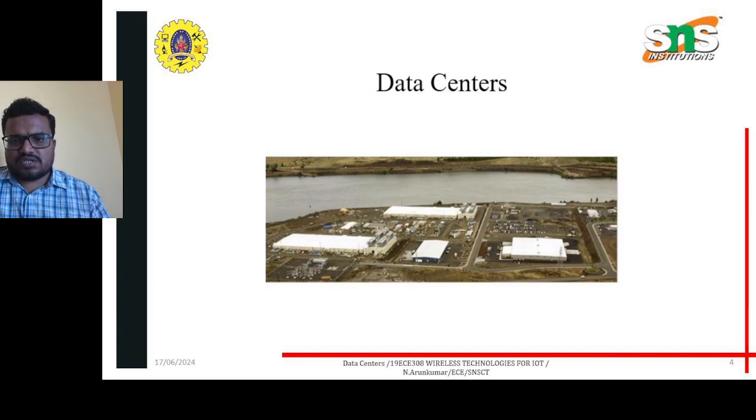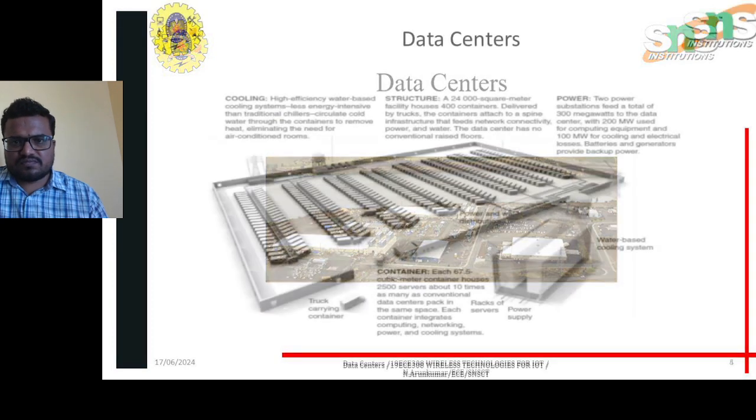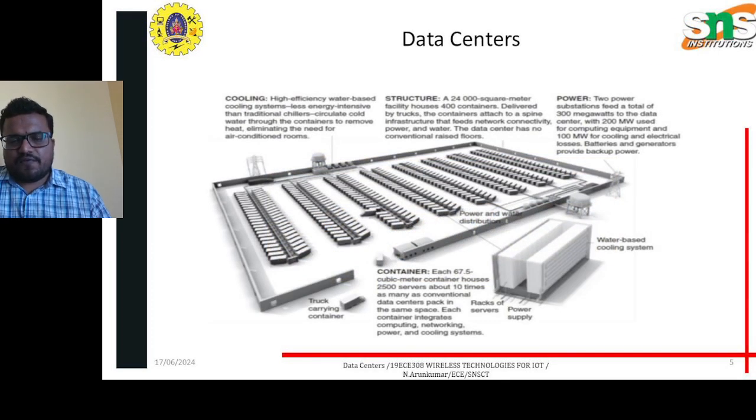Data centers, initially we are able to forward the data to the data centers with the help of the server as well as the client units. While forwarding the information as data to the data centers, there are some constraints. We need to check the constraints, because you are able to transmit your data to the data centers.